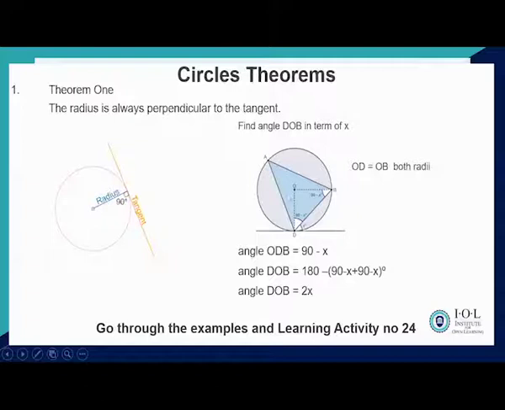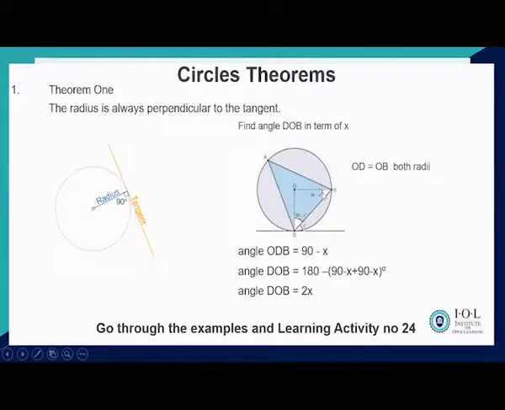So if I apply it here, on this question, OD is a radius. I mean, OB is also a radius. But OD is a radius, and I've got a tangent there. So there's my tangent, the line that touches only the circle in one point. That's a tangent. So I can say ODB, the whole angle, is 90. Radius tangent is 90, so ODB will be 90 minus x.